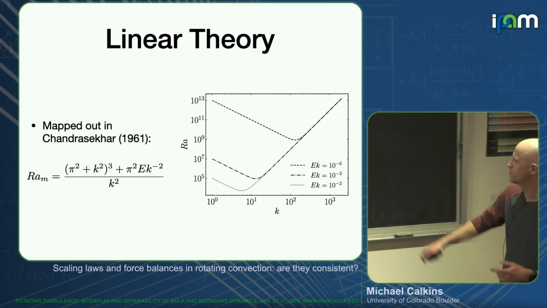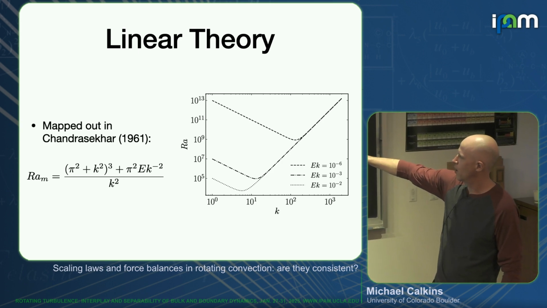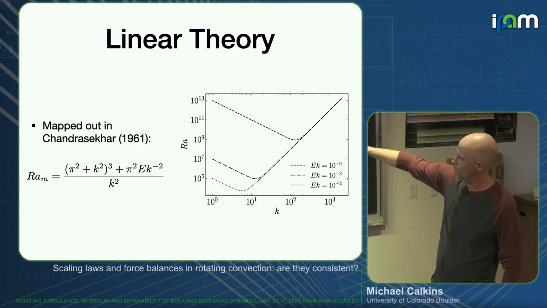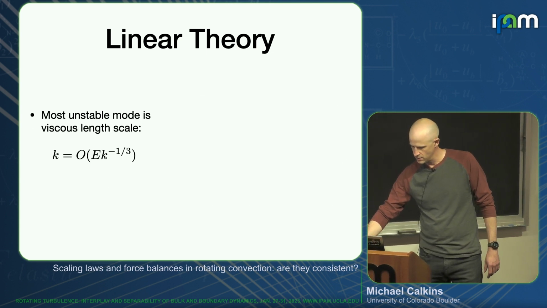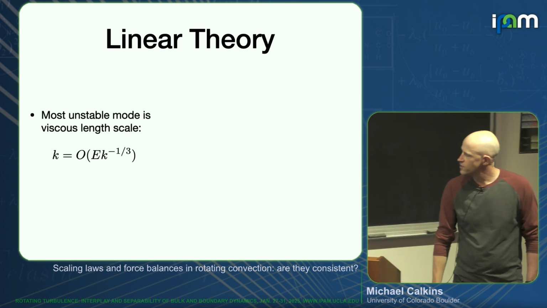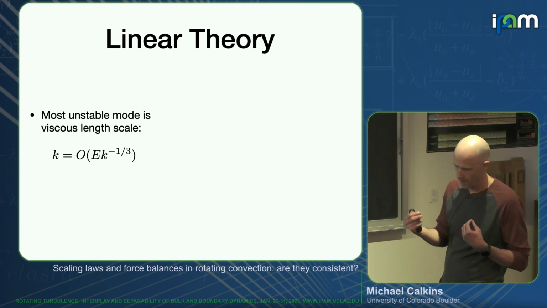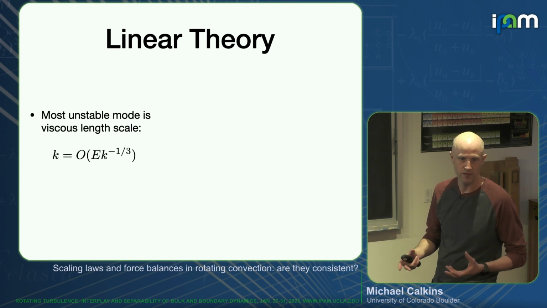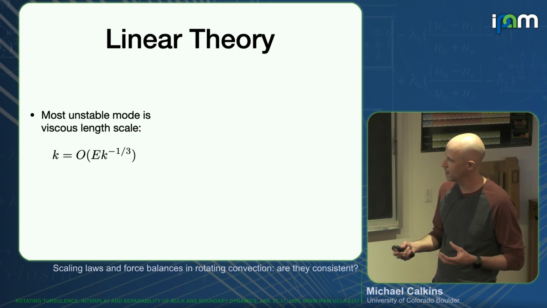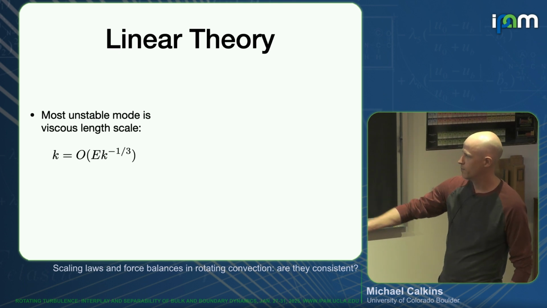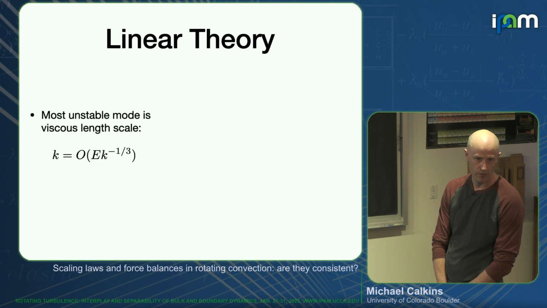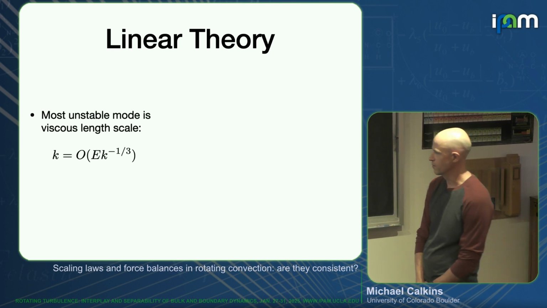A couple other features: the high wave number branch scales like k to the power of 4, and this branch scales like k to the minus 2. It's well known that the most unstable mode is selected by the viscous force. Because of that, the viscous force perturbs the leading order force balance, and you get this particular asymptotic scaling behavior for the critical wave number.